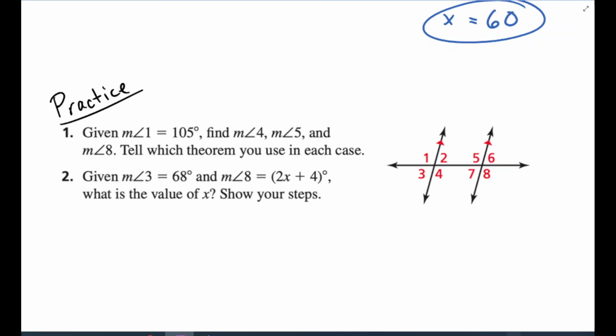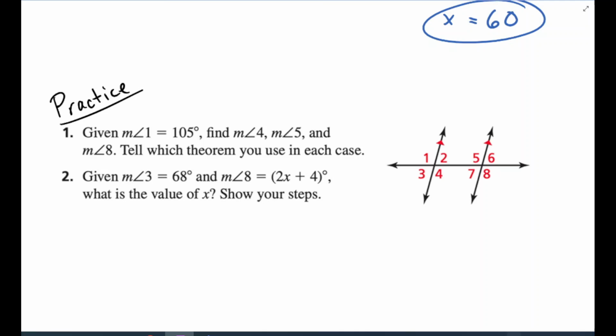Tell which theorem you use in each case. Is it corresponding angles? Is it alternate interior angles? Is it alternate exterior angles? Or is it consecutive interior angles? Or is it something else?